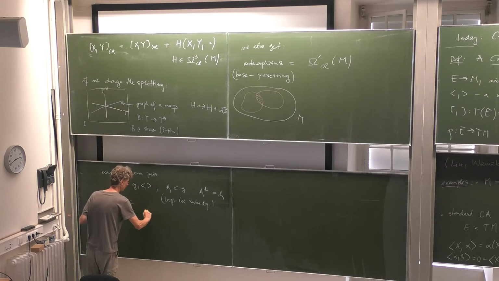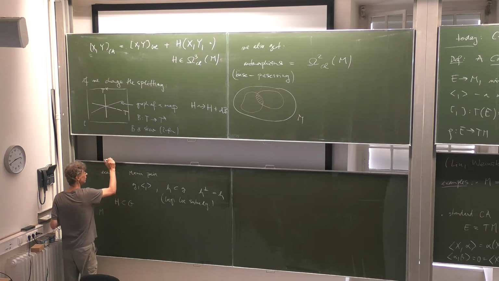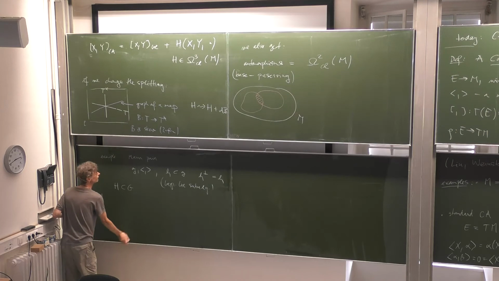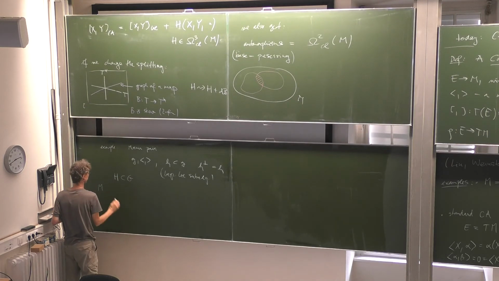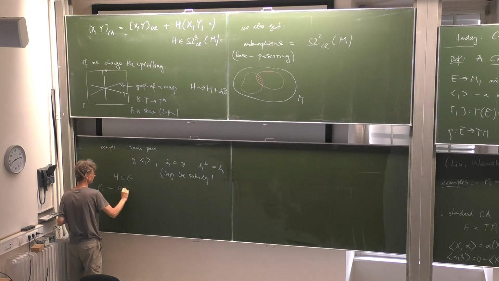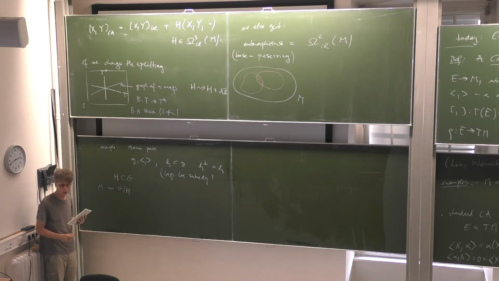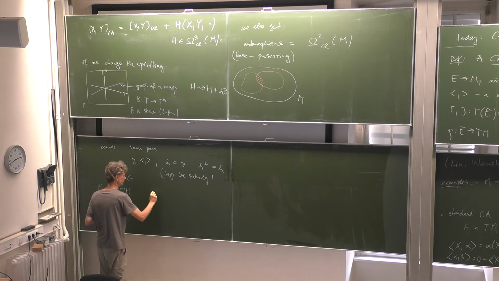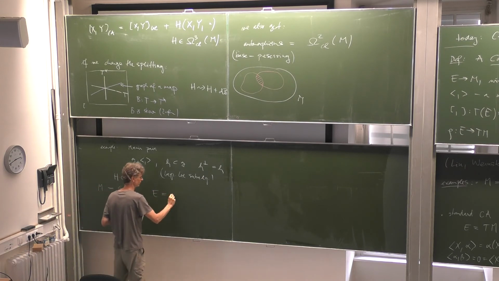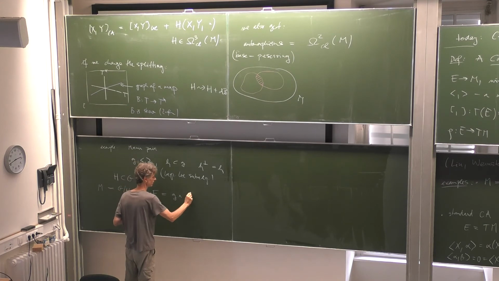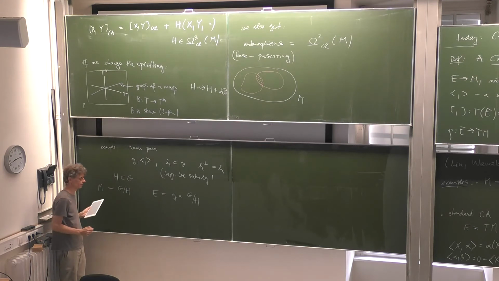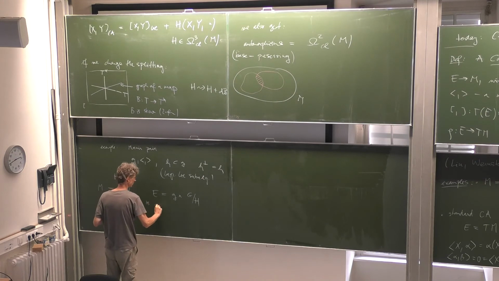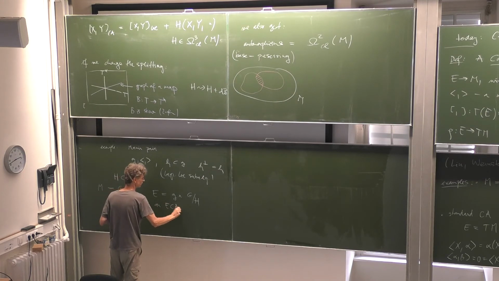Then if we take for M, G mod H, and for E, we take the trivial vector bundle G times G mod H, this is an exact Courant algebroid in a natural way.